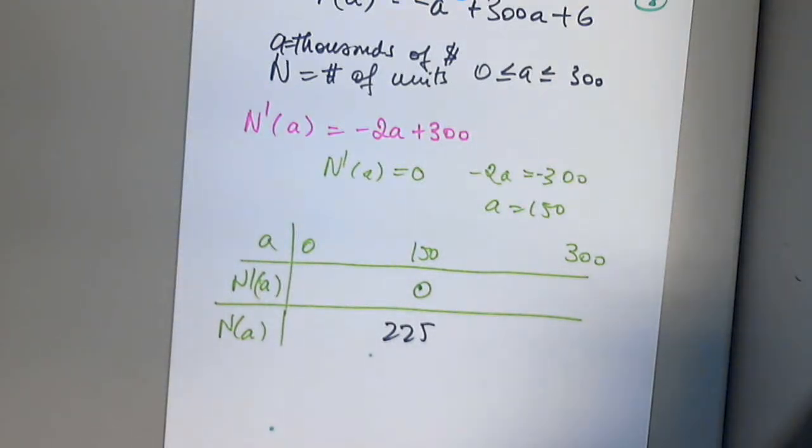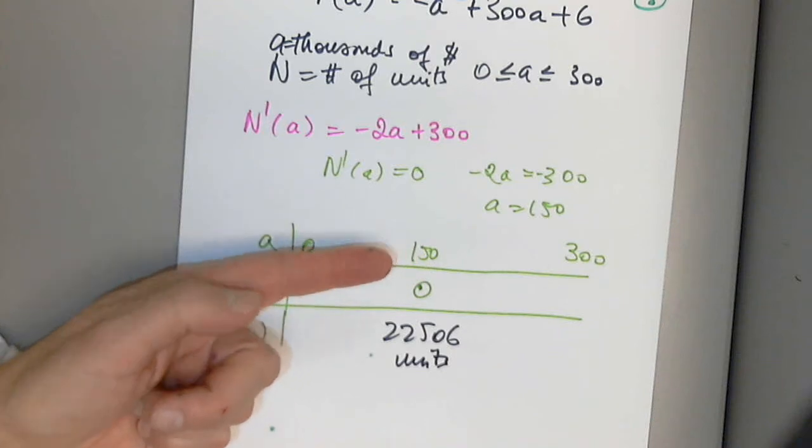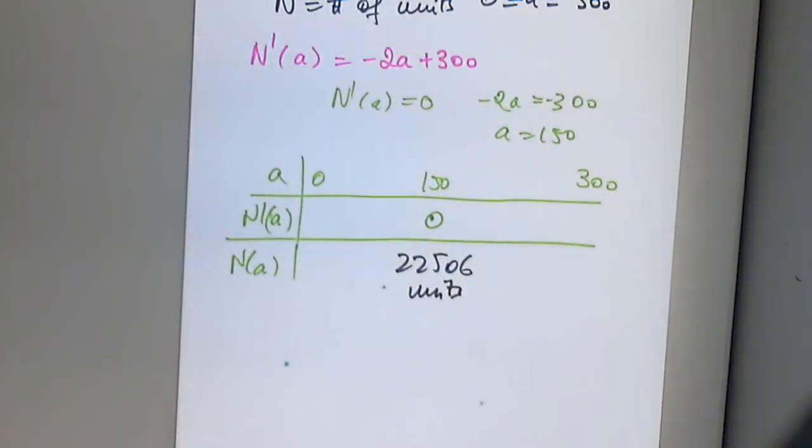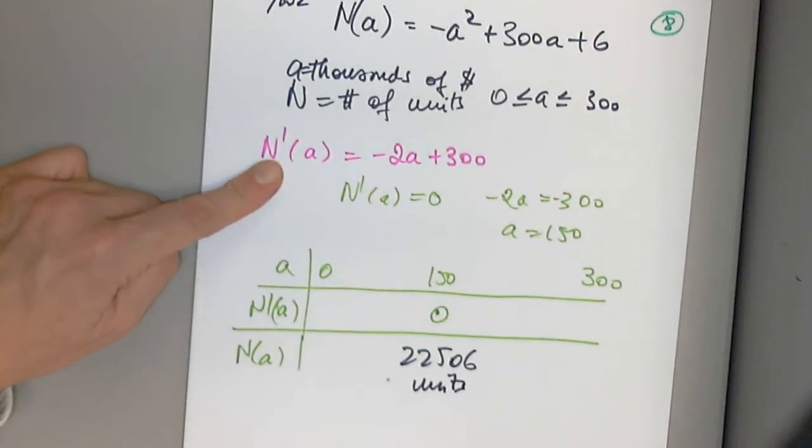Negative 150, and then we have to square that, plus 300 times 150, and then plus 6. 22,506, you're right. N is units, very good, when 150,000 dollars are spent on advertising. Very good.